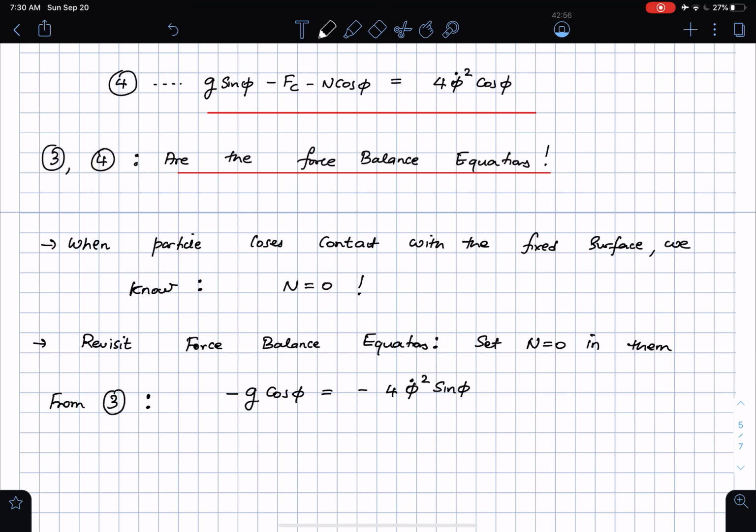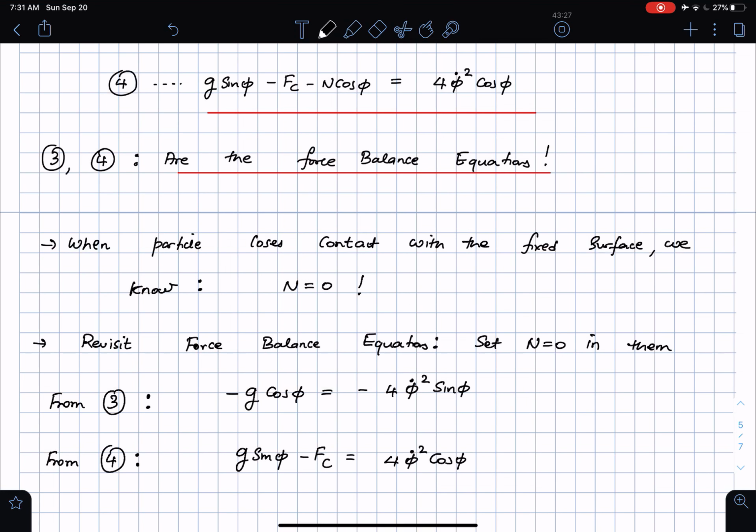And from 4 I'm going to have g sine phi minus fc equal to 4 phi dot square cosine phi. So these are my equations here.